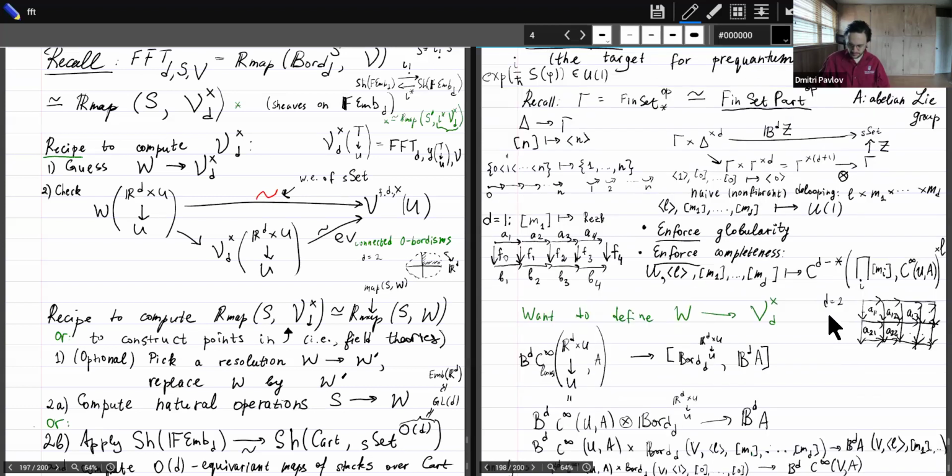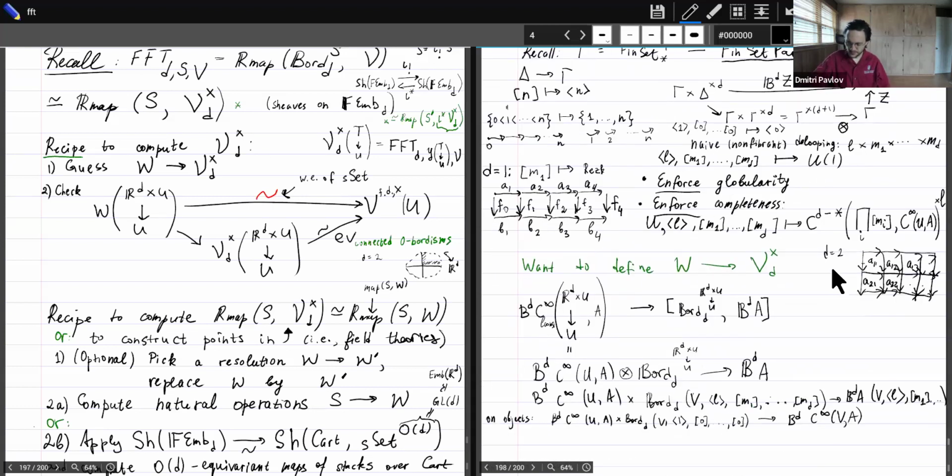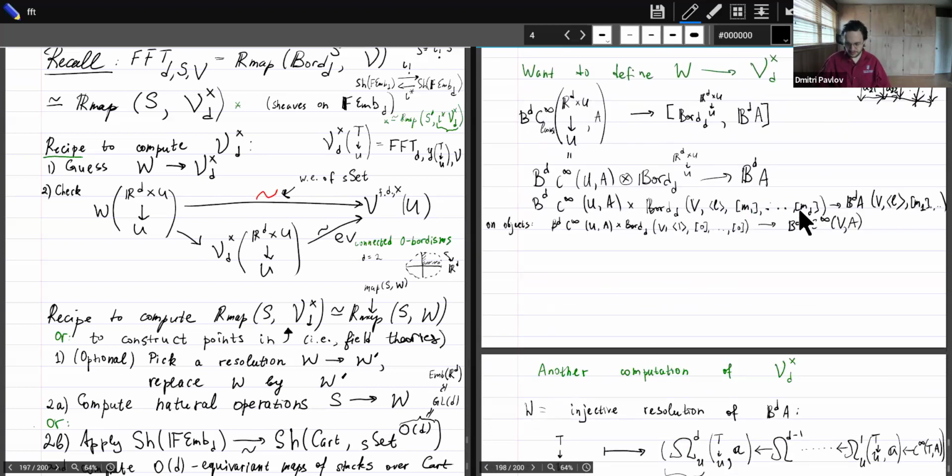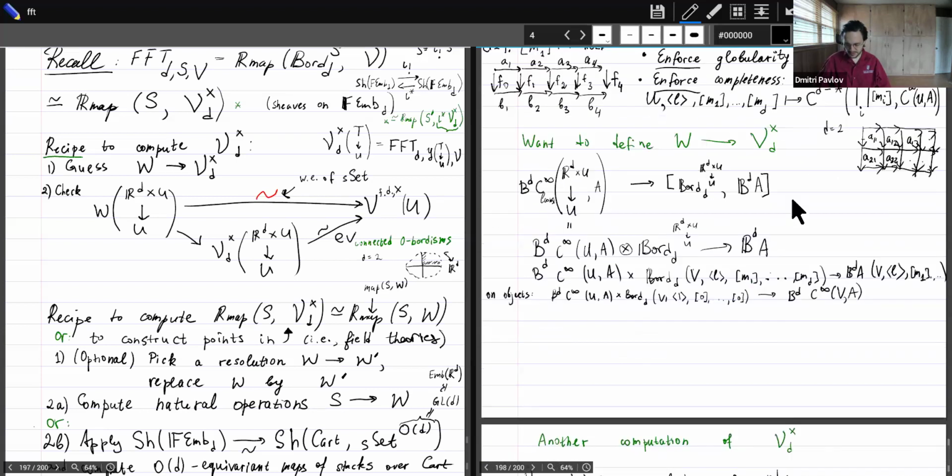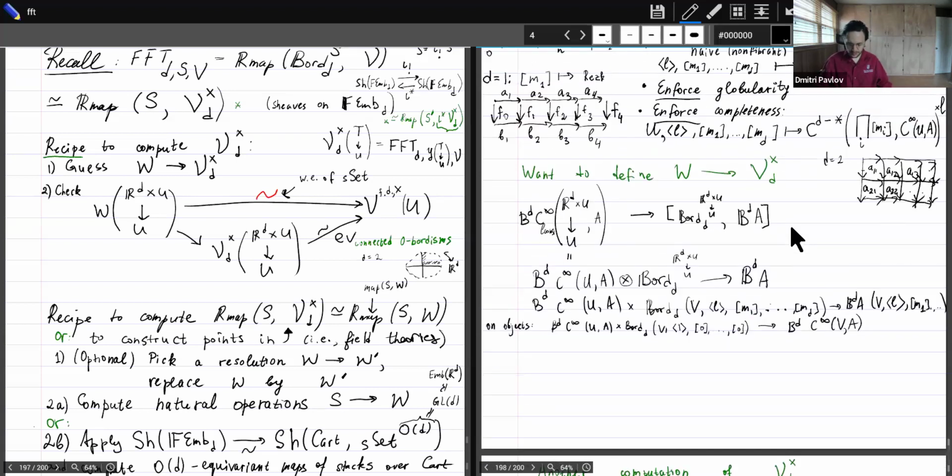Okay, so now I have to guess what W should be, and I have to guess a map from W to this V cross D construction. And there are many obvious guesses for what W should be.